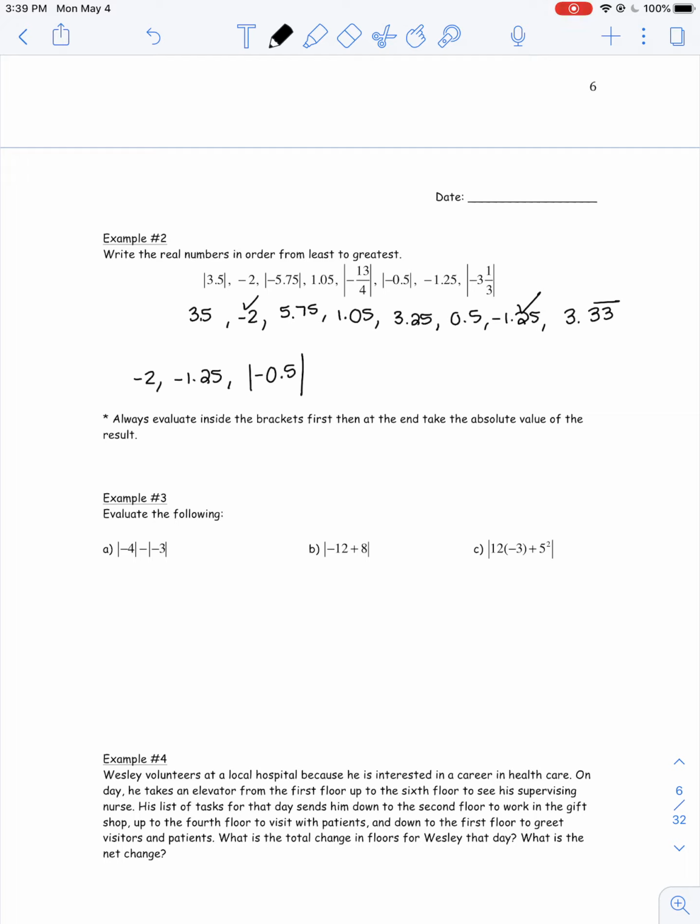We like to write it in the form that it started in. What I did in the second line was just to help me figure it out, but once I have it figured out, I do need to write what I was given in the right order. So that's this one right here. Then our next value is 1.05. Then we have 3.25, which is the absolute of -13/4.